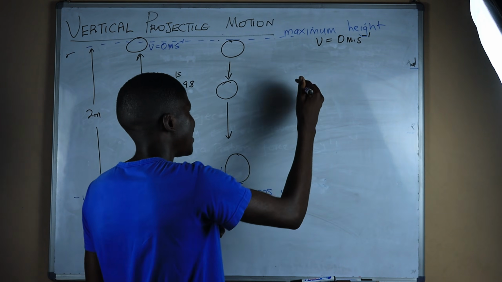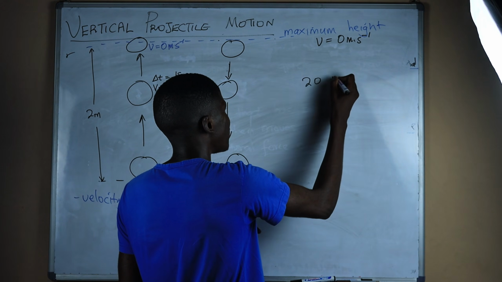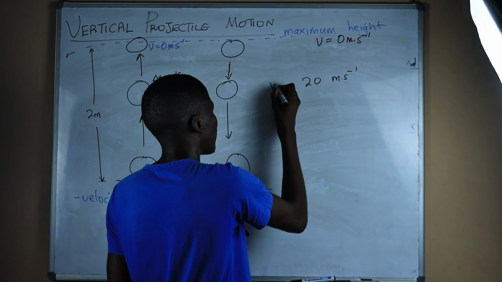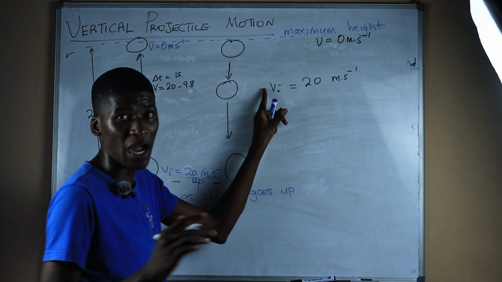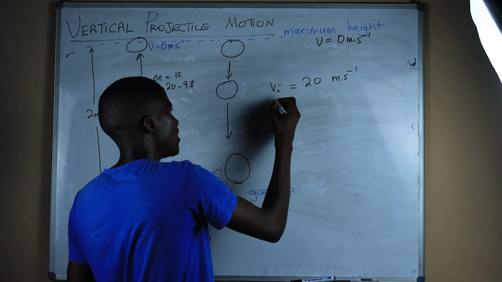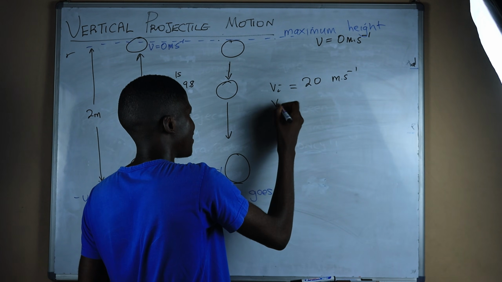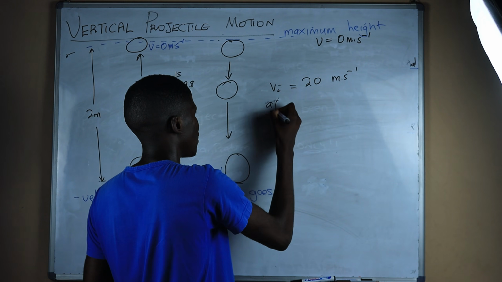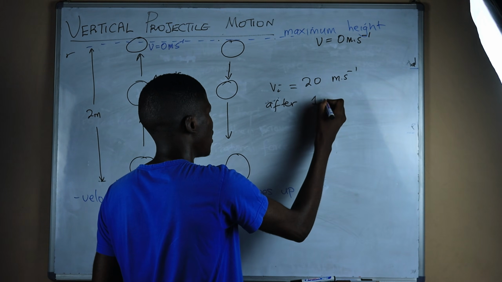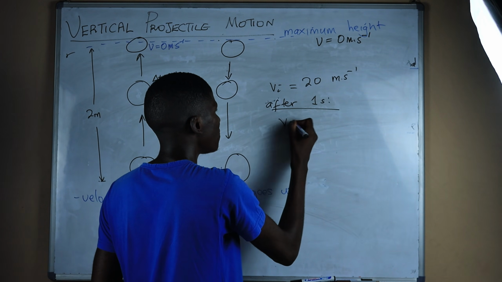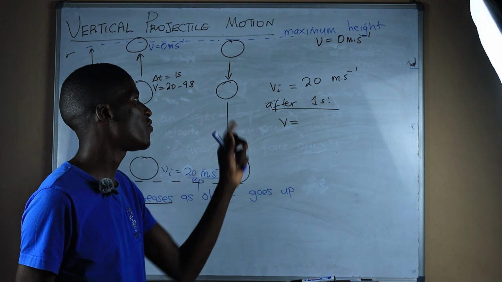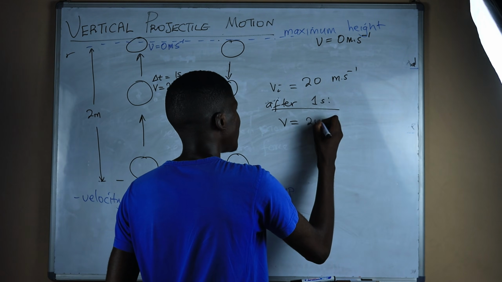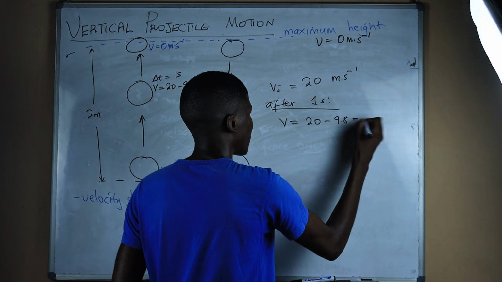So let's just write it here and say that it started with 20 meters per second. That was its initial velocity when it was down, right? And then after 1 second, the new velocity is going to be 20 minus 9.8 meters per second.